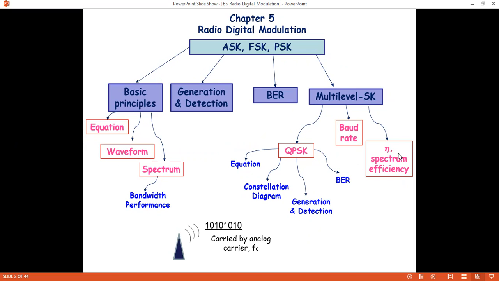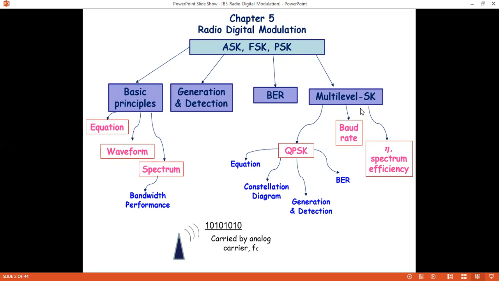But in terms of spectrum efficiency, QPSK is more efficient, but the disadvantage is that it has a higher C over N or carrier to noise ratio requirement. And then we also have looked at the generation and detection of QPSK, where it's based on the combination of two BPSK signals, BPSK-I and BPSK-Q.